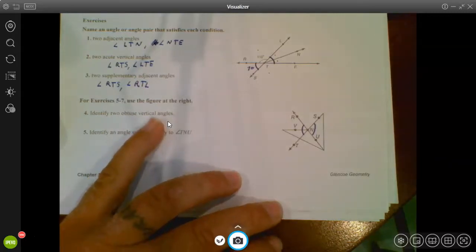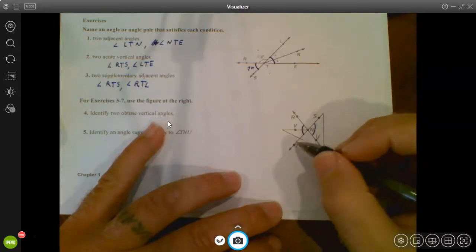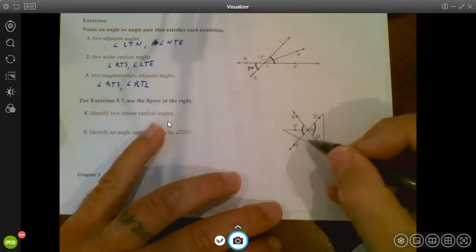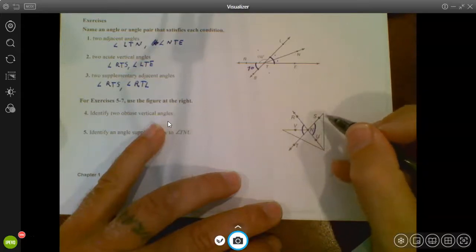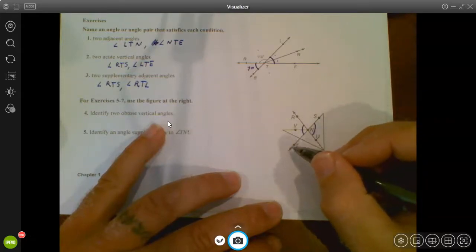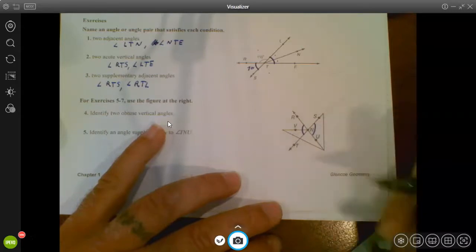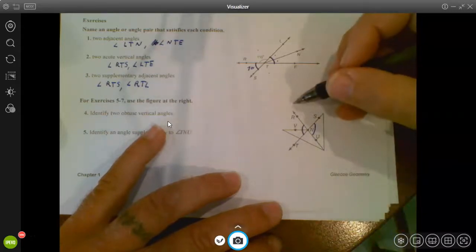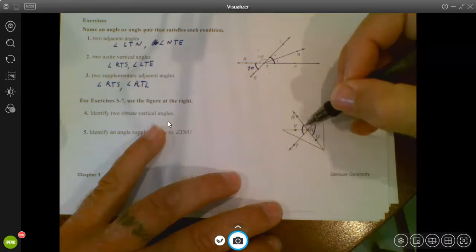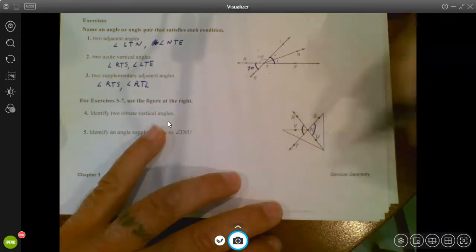They're also directly across from each other, so they're vertical angles. So again, vertical angles, in order to be vertical, have to share common lines. So you'll notice this line right here, ST, is one side of both of those angles, and then RU is the other side of both of those angles. So they do share those common lines.